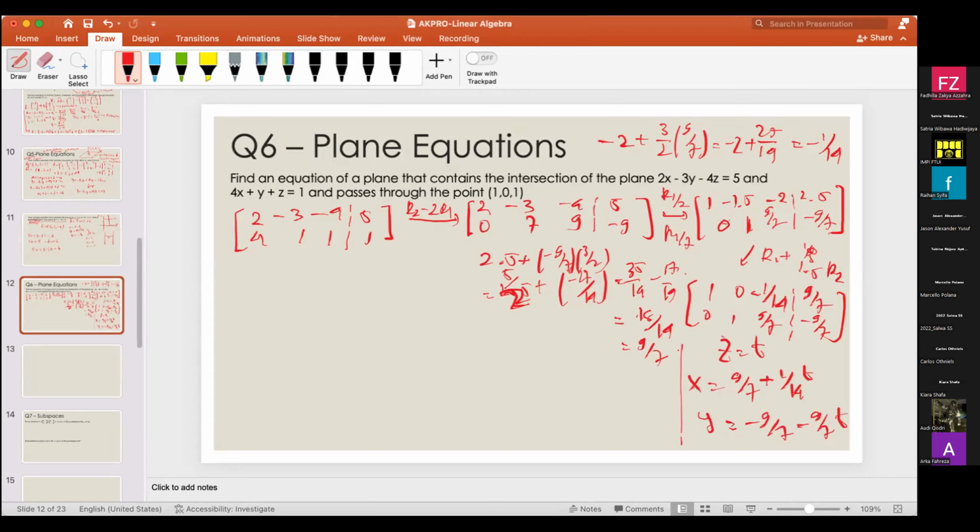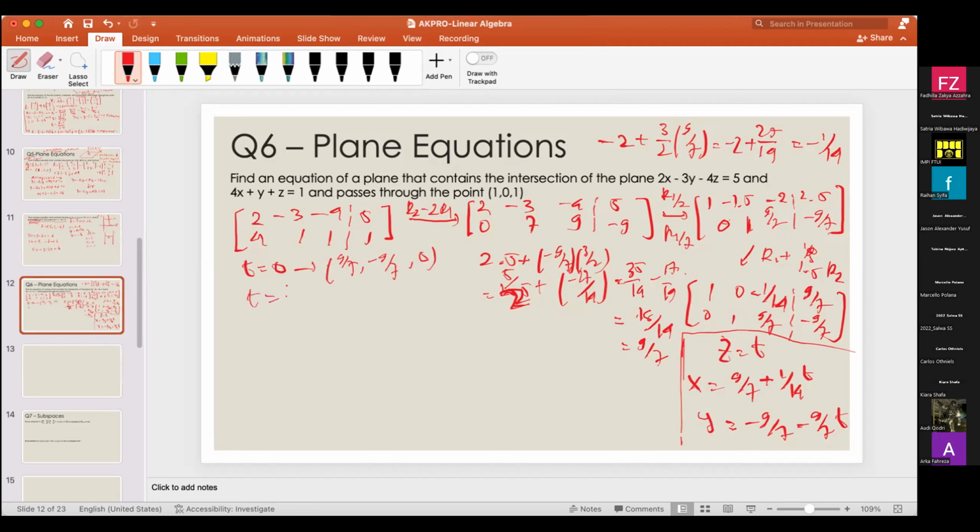Next, we're going to find another equation of the plane that contains this line and this point. The first thing that we can do in order to determine that is to find two more additional points from this line. So let's say T is equivalent to 0. That means the point that we're going to get is 9 over 7, comma, negative 9 over 7, and 0.